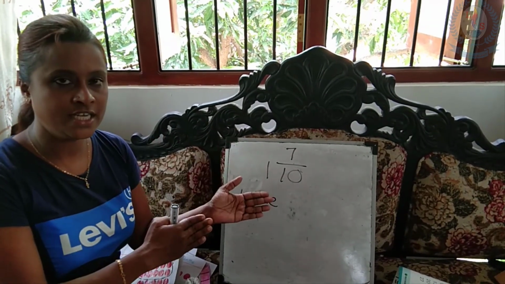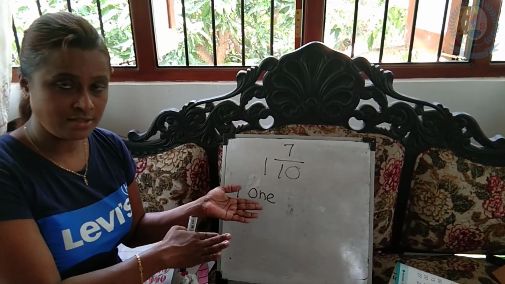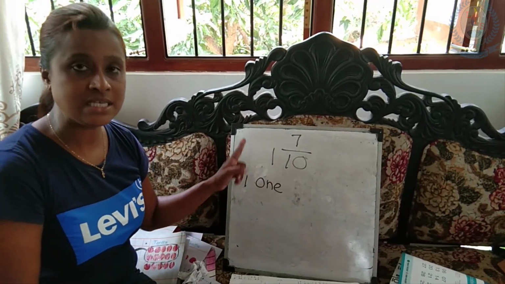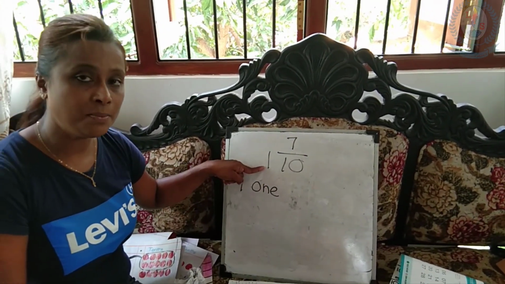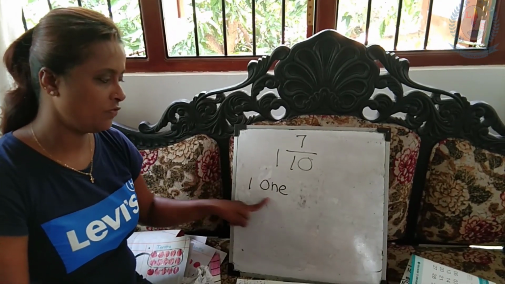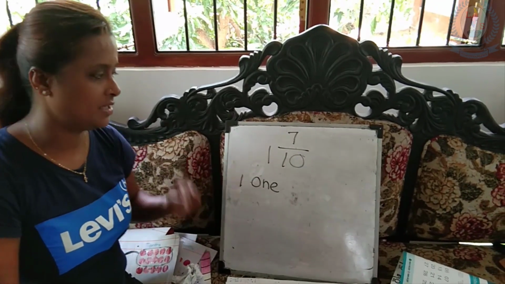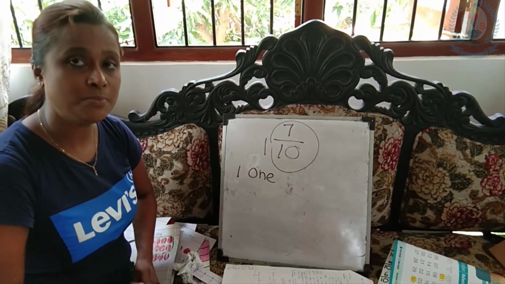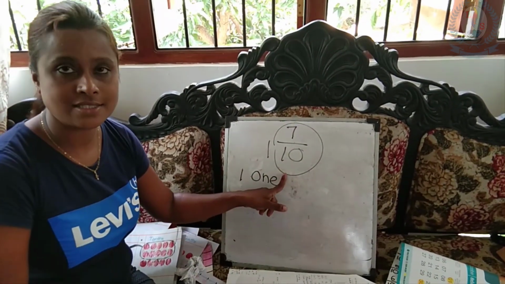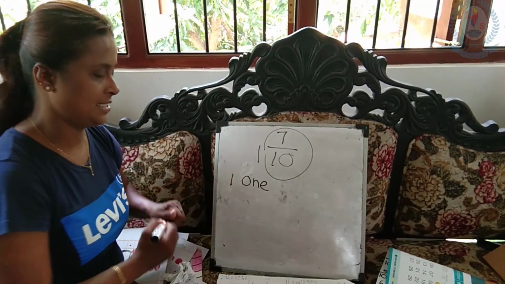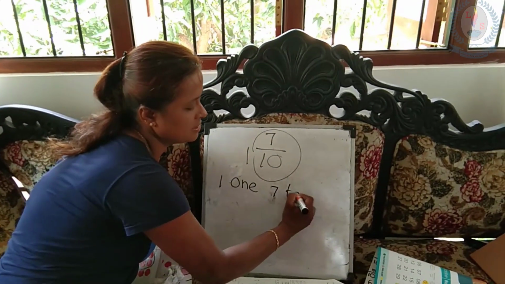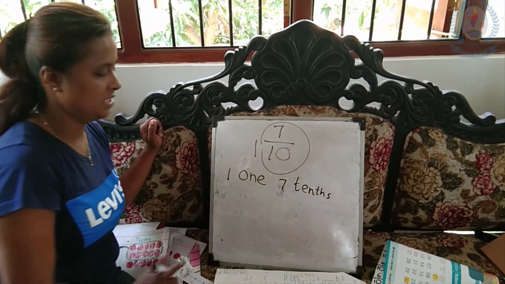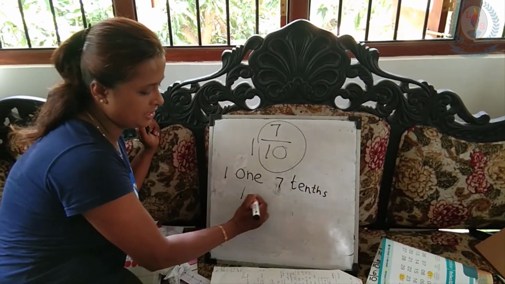On the left side of the decimal point, ones; on the right side, tenths. So even in the mixed number, 1 represents 1 one. And this fraction part, 7/10, represents the tenths. 1 one, 7/10. Now we can write this as a decimal, 1.7.